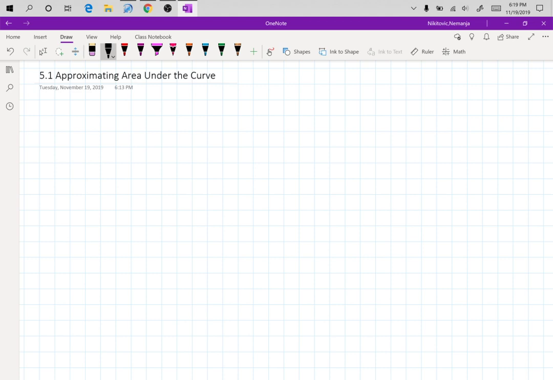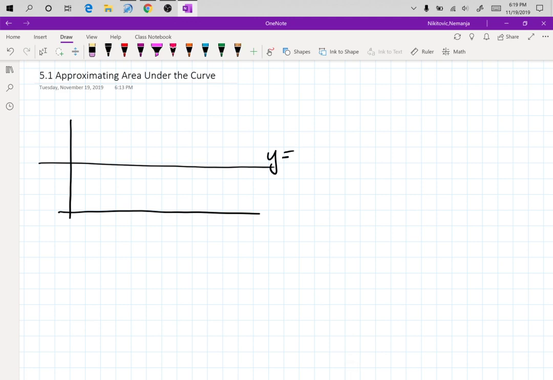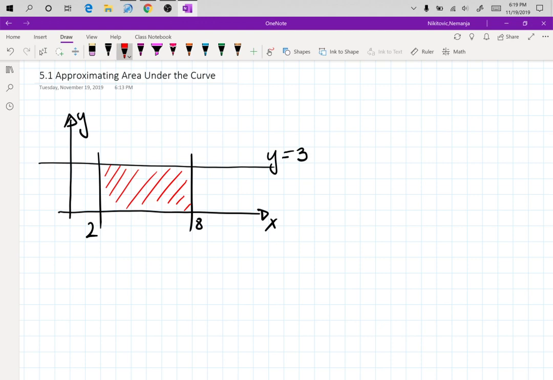Now if your curve is a straight line, let's say y equals 3, then you can have a simple rectangle under that curve, and we have the formula for the area of a rectangle. So if I have y equals 3 on an x and y coordinate system, and say you go from 2 to 8, you have the area in here, which is a rectangle, and you can just use the rectangle formula of length times width.